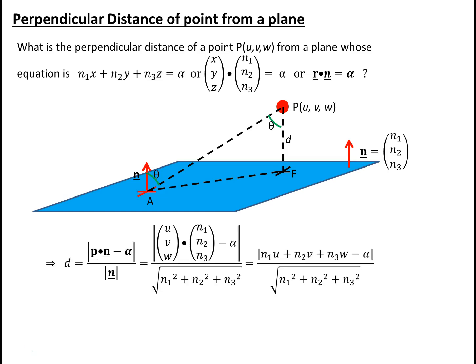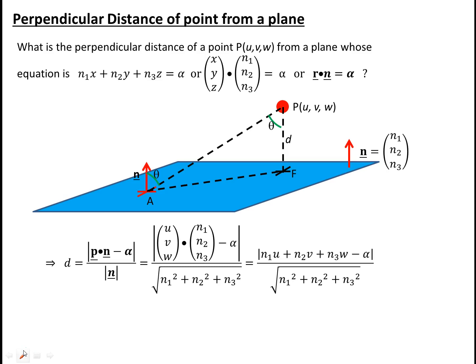Now, from what we've just done, d was the modulus of p dot n minus alpha divided by the size of n. p dot n is simply u, v, w dot n1, n2, n3, and the size of n is the square root of n1 squared plus n2 squared plus n3 squared.